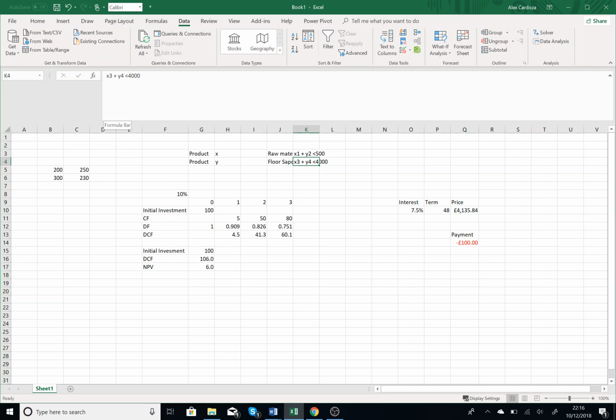You add those two together, and eventually the more you produce, you reach the limit of 4,000. But the whole point is it will be less than or equal to, so you'll see that little slash underneath the arrow, but it should always be a less than sign. So it should be less than or equal to 500 and less than or equal to 4,000.